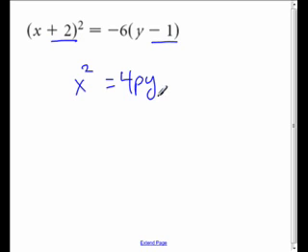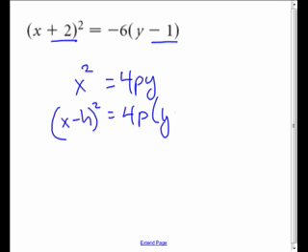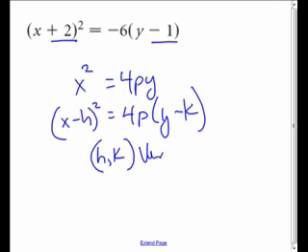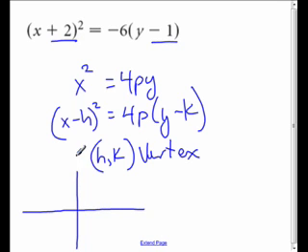So I can take this basic equation and expand it to one that looks like this, where the coordinates h and k are the vertex of my parabola. Okay, so let's graph this one. If I were to graph it just quickly like this, it's not centered on the vertex.